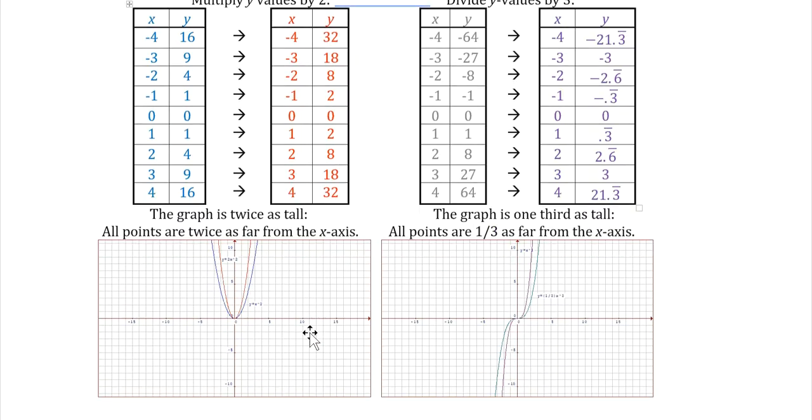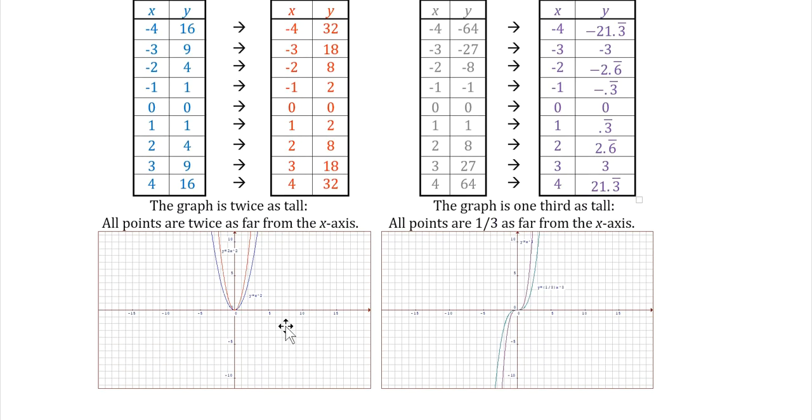So what's going to happen to the graph? Well, it's twice as tall. All points are twice as far from the x-axis. Anything on the x-axis would stay right where it is, for example, the origin. But this point that was at (1, 1) now is at (1, 2). The point that was at (2, 4) is now at (2, 8), twice as tall.